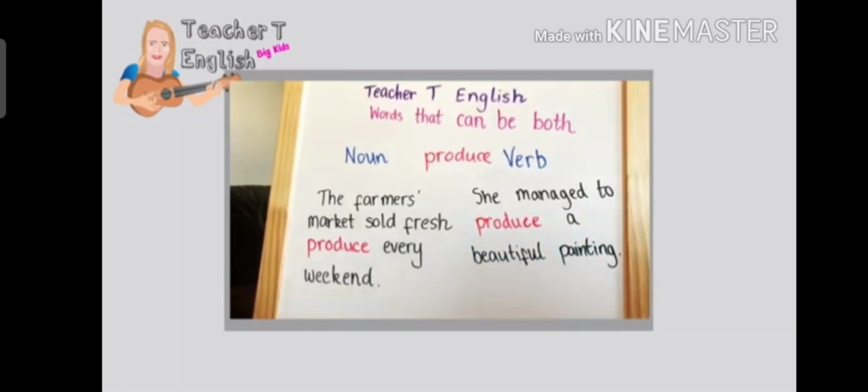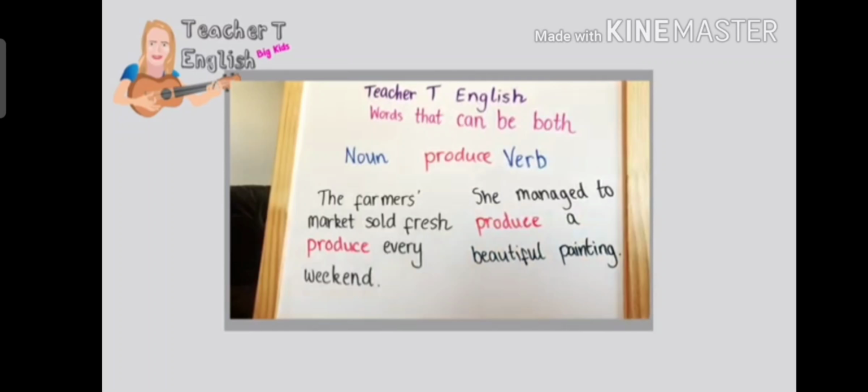Now which produce have the farmers sold? They have sold fresh produce. Fresh produce is a naming word. This naming word, fresh produce, is given to those goods which are very fresh to be sold in the market.